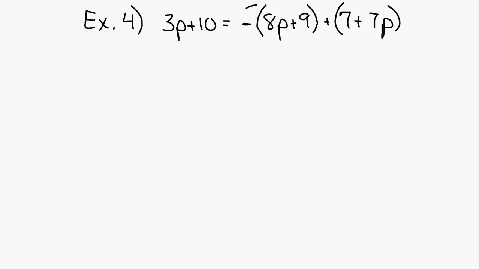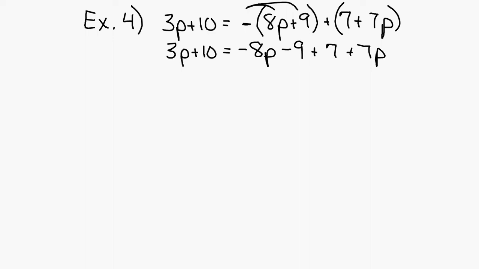You have to distribute this negative sign. So on the left side, the 3p plus 10 stays the same. This negative sign outside the parentheses means to change the sign, or multiply everything in the parentheses by negative 1. So this is negative 8p minus 9, and then plus 7 plus 7p.